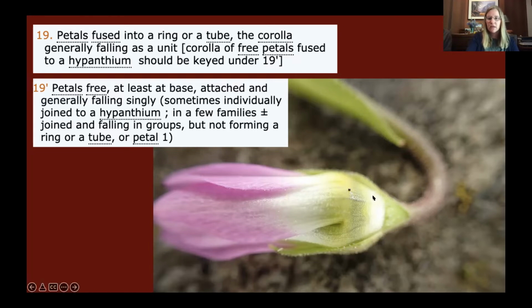So in this case, these petals may look free, but once you remove the calyx, you can see that they really are fused at the base. So when they fall or come away from the flower, they're probably going to come as one unit because they are fused into a ring. So we will go with the first choice.